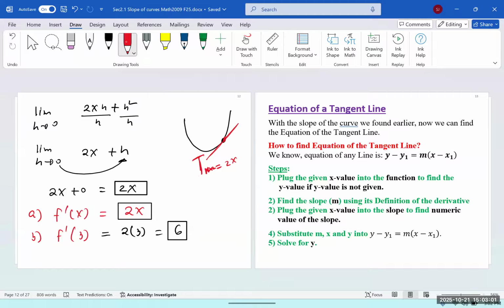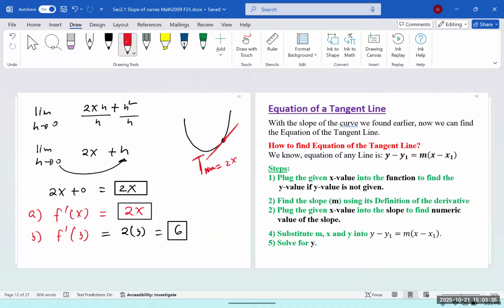If they do not give you y1, then your first step is to take this x1, put it in your formula, and see what that y value is. So you get y1 for x1 if it's not given. If it's given, your life is easy. You don't have to find it. Step 1, take the x1 and substitute it into the function to get the y1.